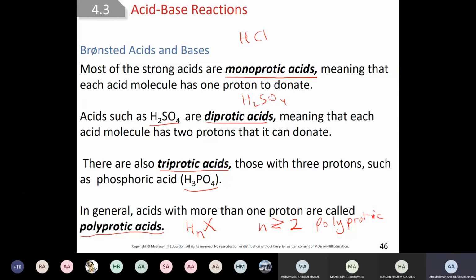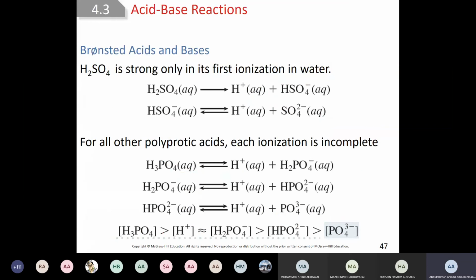Polyprotic. Clear? Now, always when things dissolve, the first hydrogen is stronger than the second one, definitely. Look, when we write a single arrow for H2SO4, what does it mean? Strong acid. Complete reaction.